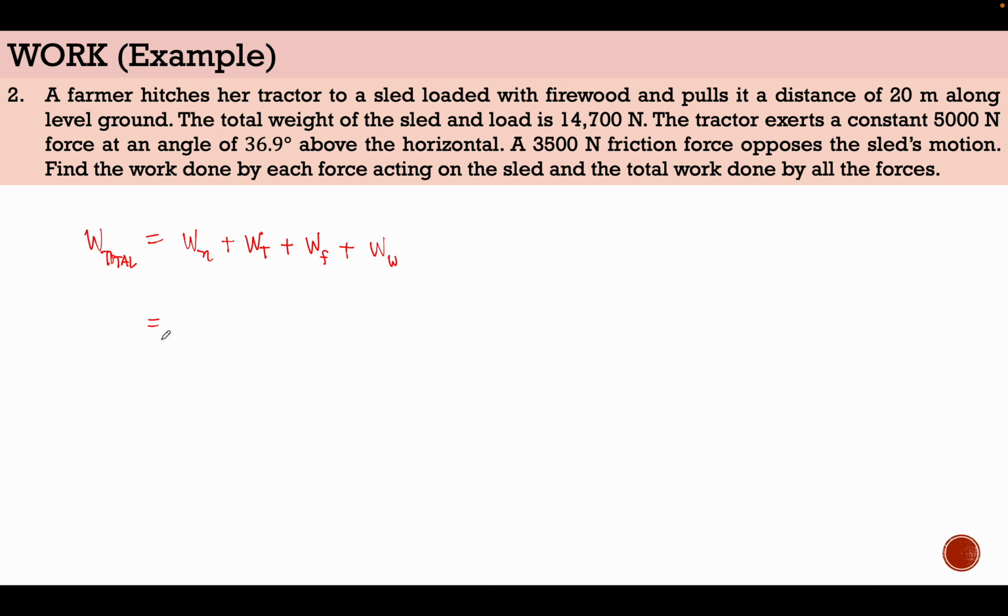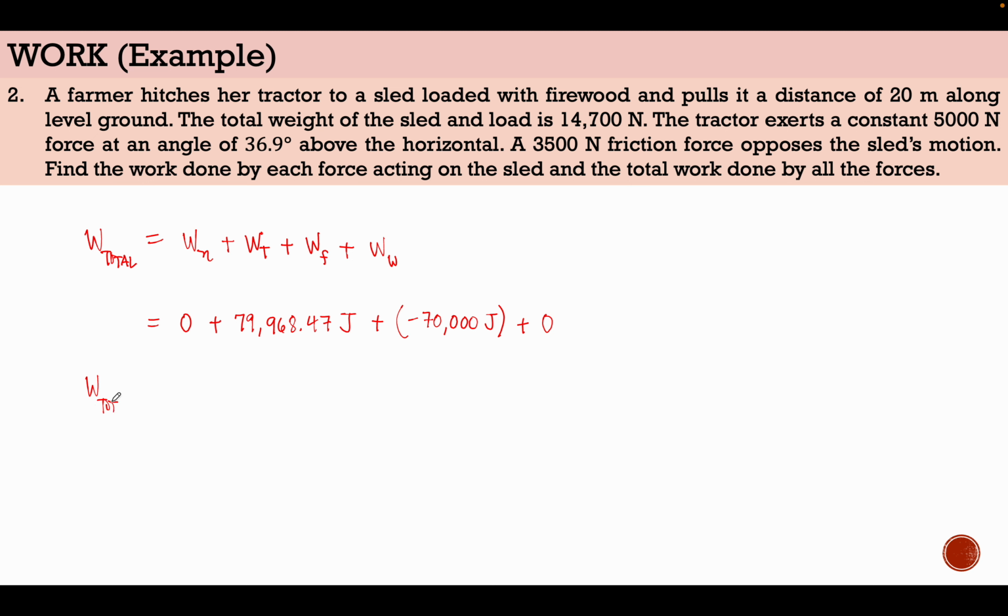So substituting their values, the work done by the normal force is 0, plus the tension force 79,968.47 joules, plus the work done by the friction force, negative 70,000 joules, plus the work done by the weight, which is 0.